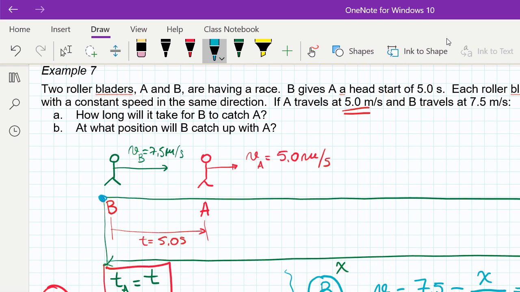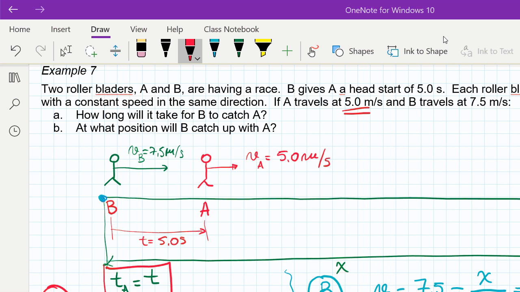From here, we find this relationship. So now we have two relationships in terms of x. One that is 5.0 times t, and the other one that is 7.5 times t minus 5.